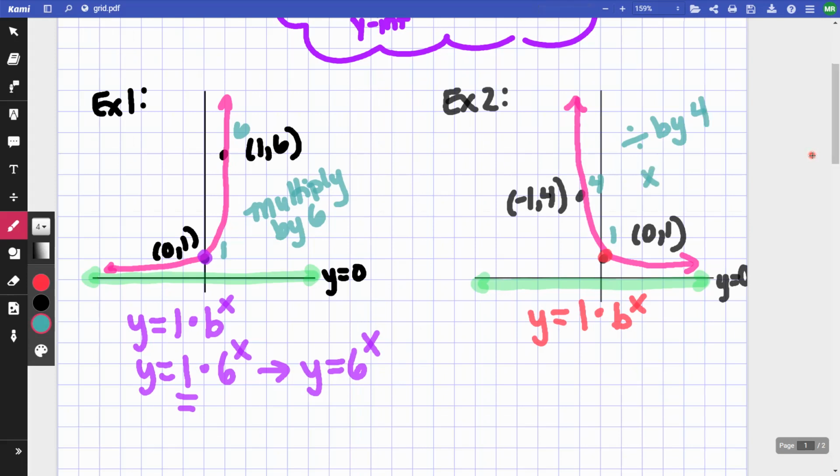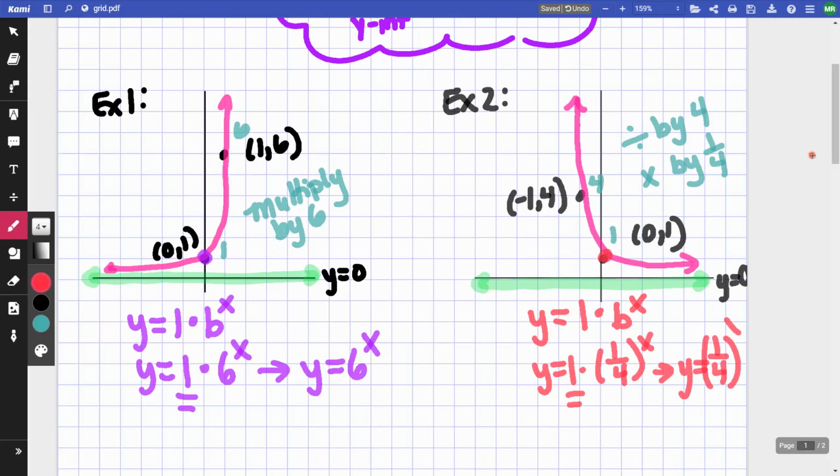We change it to multiplying by the reciprocal, and the reciprocal of 4 is 1/4. So our equation is going to be y equals 1 times 1/4 to the power x, which cleans up, because 1 times anything is just that thing, to y equals 1/4 to the power x. And that's our equation.